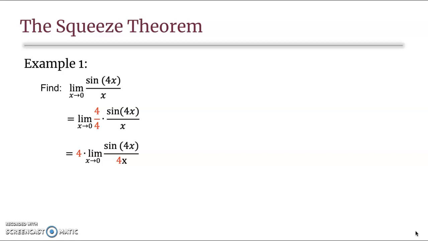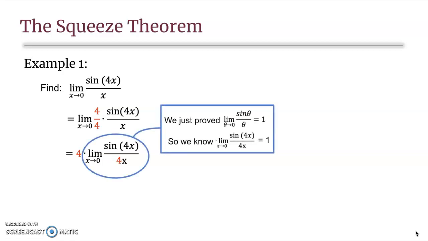Well, sine of something over that something equals 1 as that something approaches 0. And if x approaches 0, 4x will also approach 0. We just proved that the limit as theta approaches 0 of sine of theta over theta equals 1. And so I know this part of what I've got here equals 1. And I just have 4 times 1 equals 4. So that is the limit as x approaches 0 for the function sine of 4x over x.